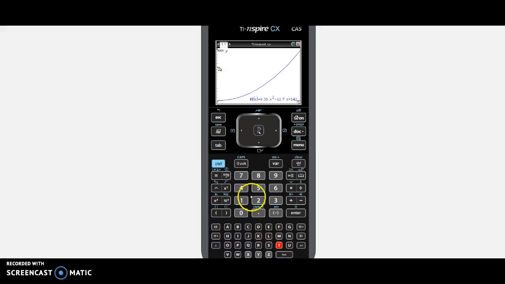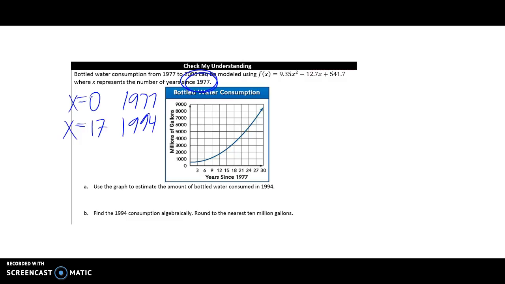I prefer opening up a calculator page and doing variable of 17. 3027.95. Oh dear, they're blowing whistles. So it looks like 3027.95 is the millions of gallons of water consumed in 1994.